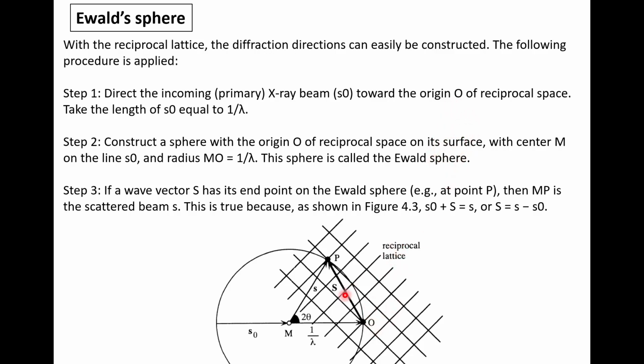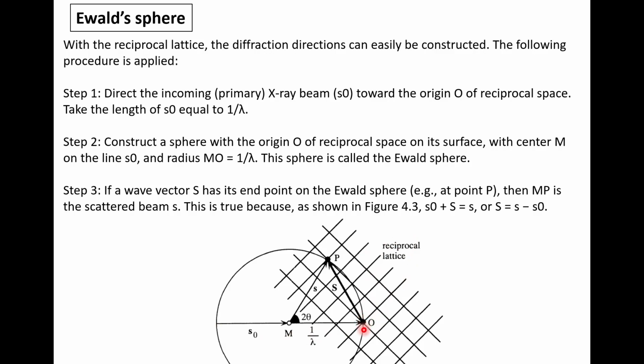So you have the reciprocal lattice, and if you follow the trajectory of the X-ray whose scattering vector length is 1 by lambda, you will find that it cuts the reciprocal lattice somewhere.